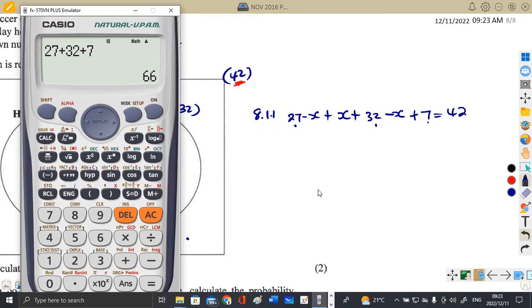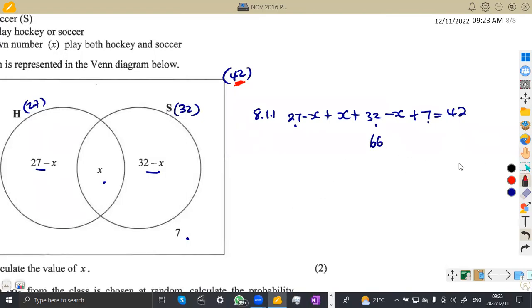All right, that's a total of 66. So 66, we move on to X. This is minus X plus X minus X. So minus X plus X, that's a 0 here. We remain with minus X. So minus X is equal to 42 minus 66. To find X, we can transpose the 66 to the other side of the equation.